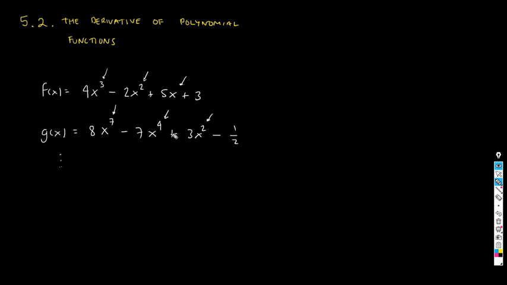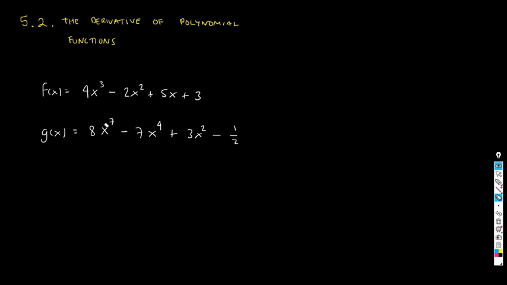I repeat, positive integers. Something like g of x equals 5x to the minus 2 is not a polynomial function. They look like very well-behaved functions, so to speak. They look nice. So that's a polynomial function.